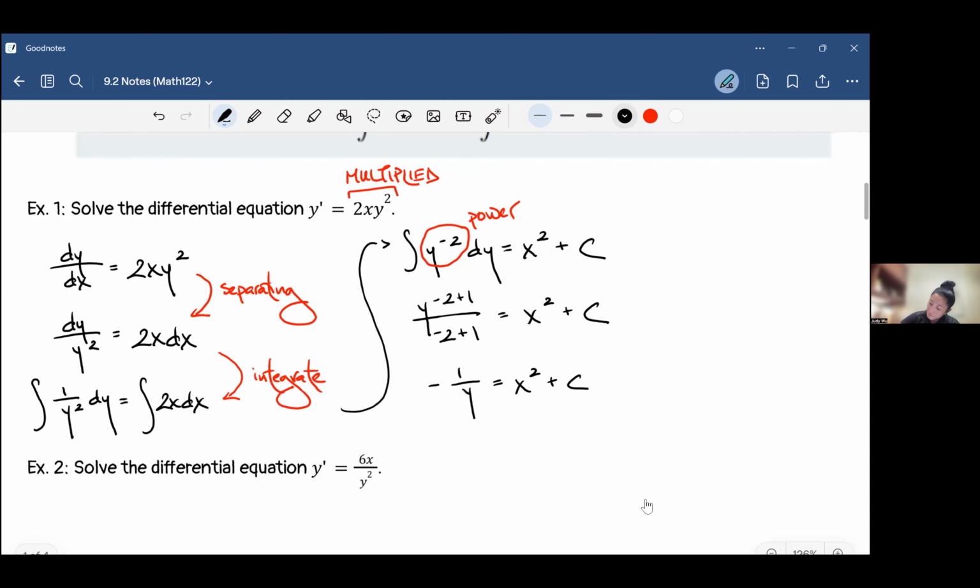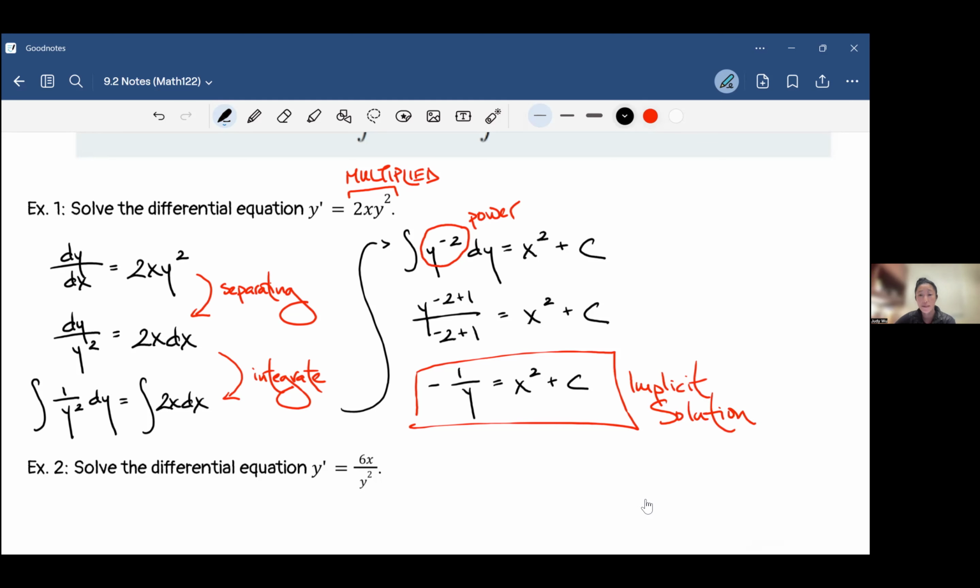This right here is what we call an implicit solution. All right, we talked about that earlier in 9.1, how an implicit solution is not y equals something yet, right? We would have to do some algebra in order to get it to be y equals. This is just negative 1 over y equals x squared plus c, okay?